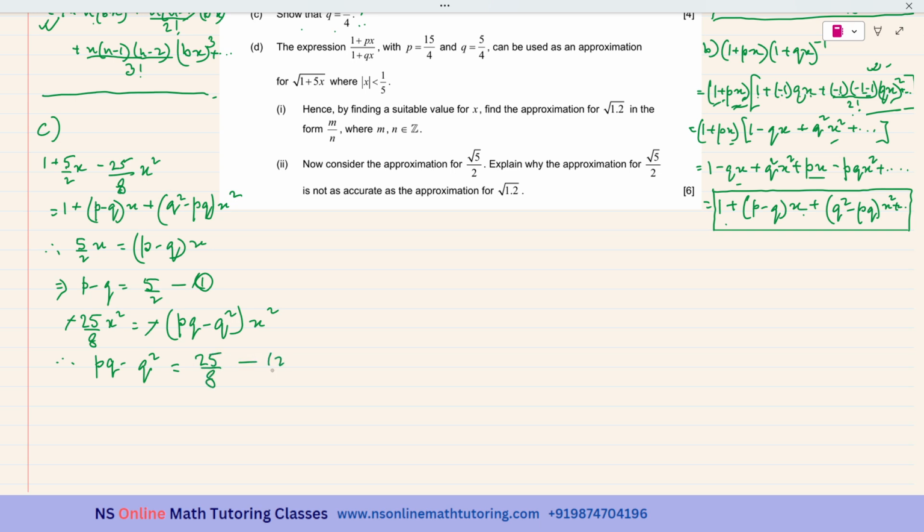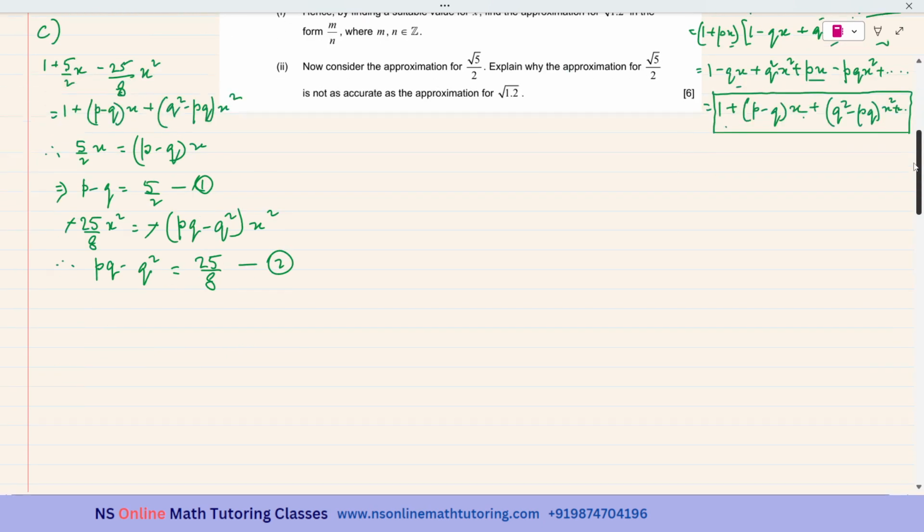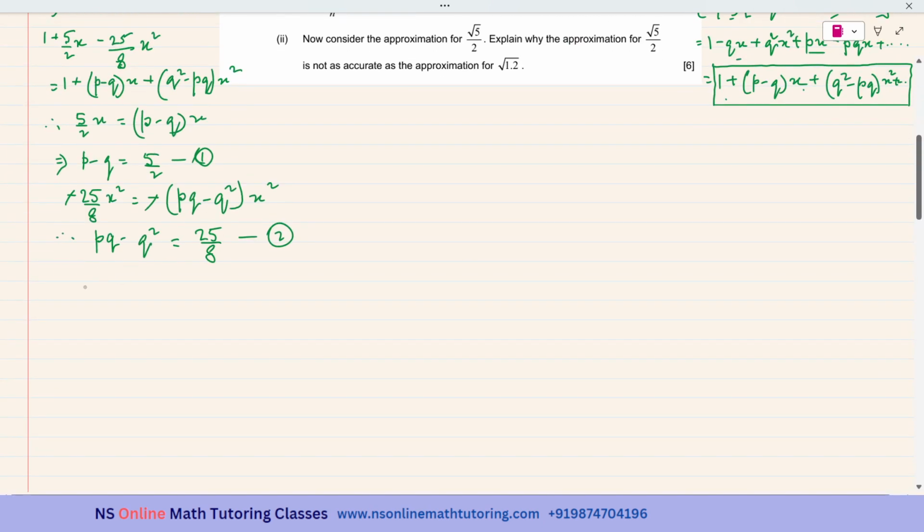This is the equation number 2, and I can take out the common factor Q, and I am having P minus Q equal to 25 over 8. And P minus Q is equal to 5 over 2. Okay.